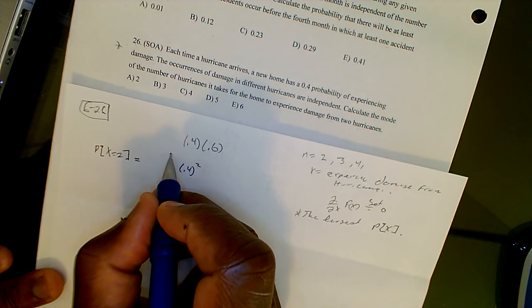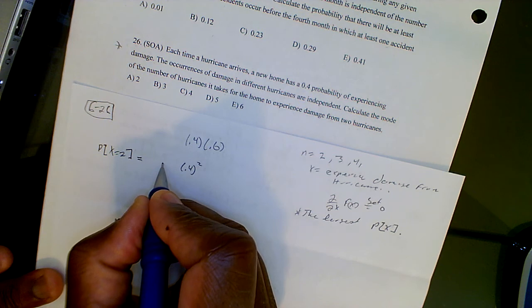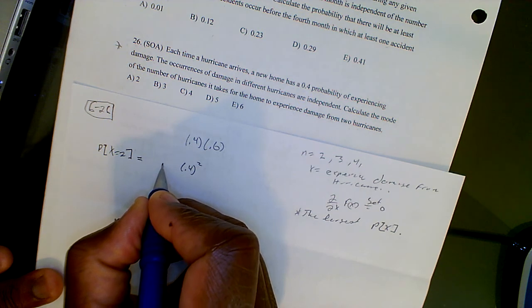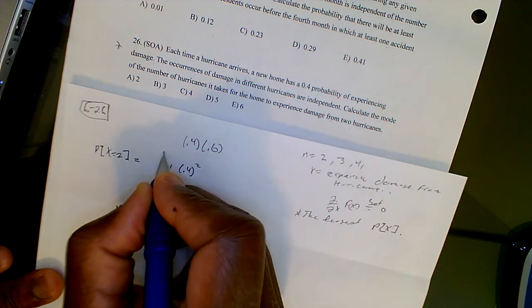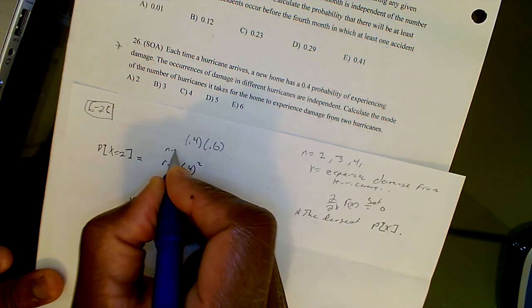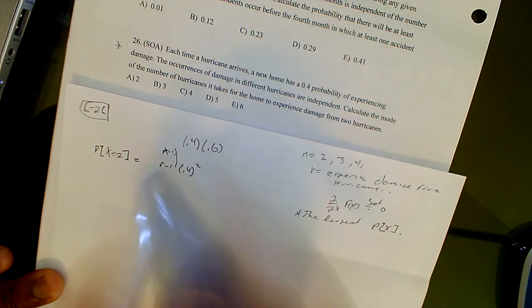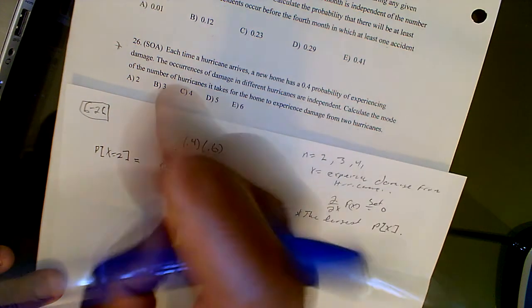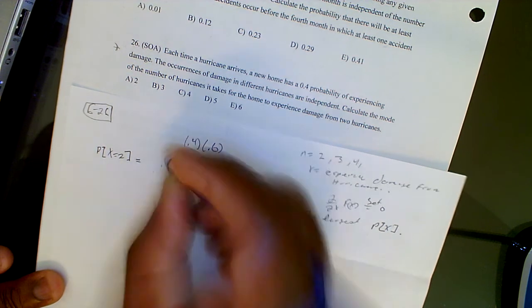Basically r is 2, and then we basically just get this particular one, and I'm just gonna go with it.